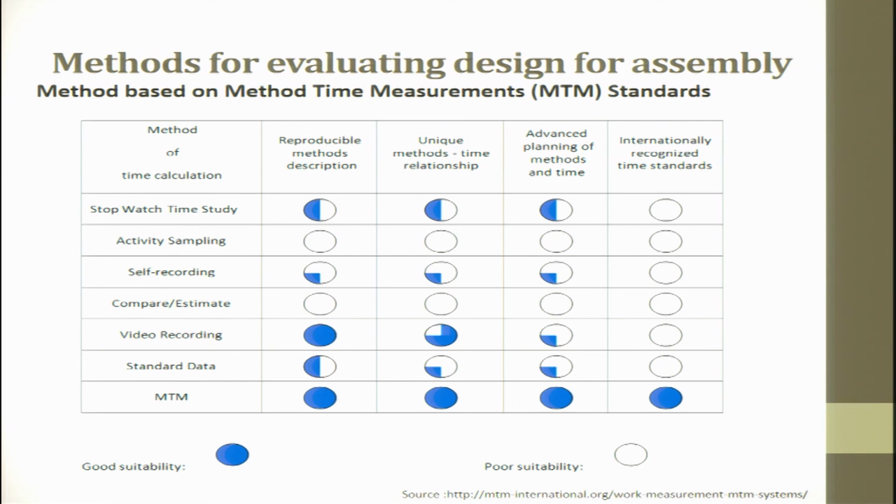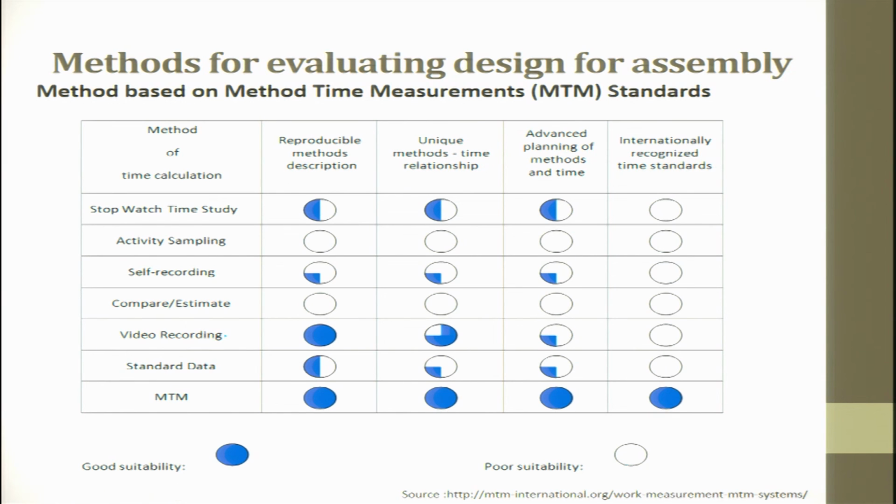So you can look at it. This is a method based on method time measurement standards, method of time calculation, stopwatch time study. For reproducibility of method description it is 50%, unique method time relationship 50%, advanced planning of method and time 50%, internationally recognized time standard, it is not suitable at all.